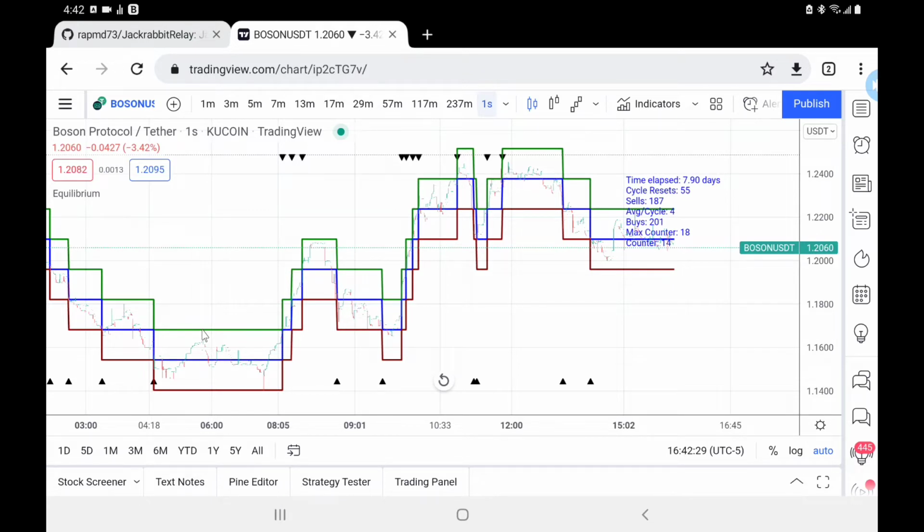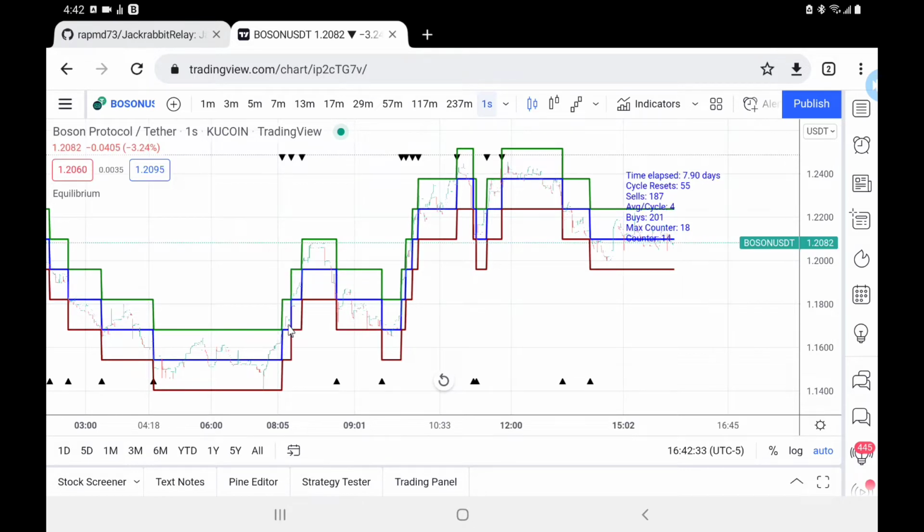So as you can see, every time the blue line raises to the next level, it's made a sell. It's made a realized profit of 0.3%. That profit's never going away. It's in your account, it's there, it's yours.